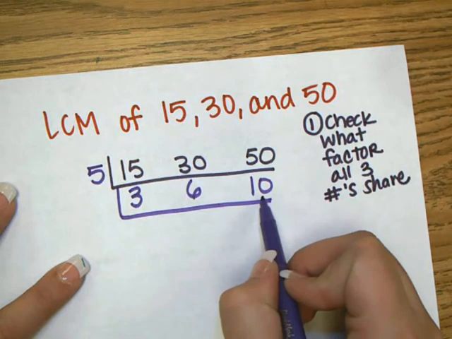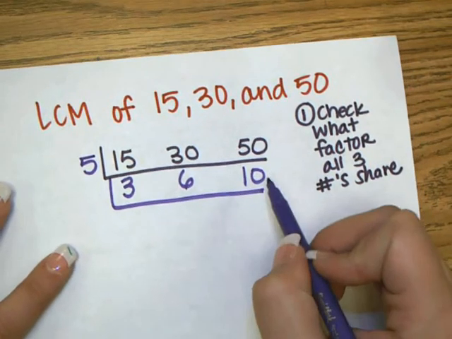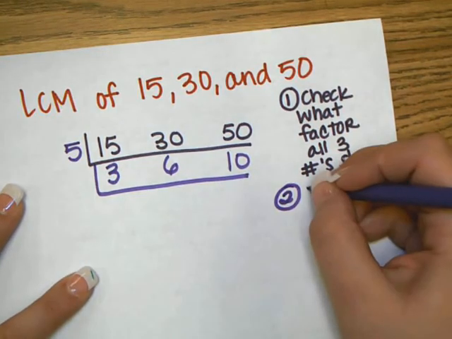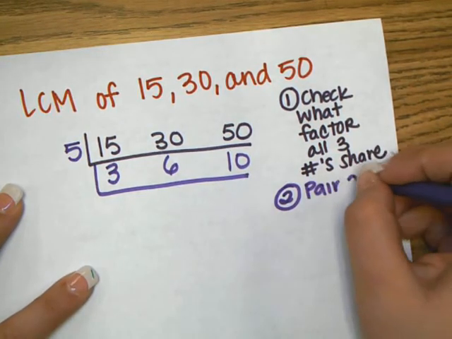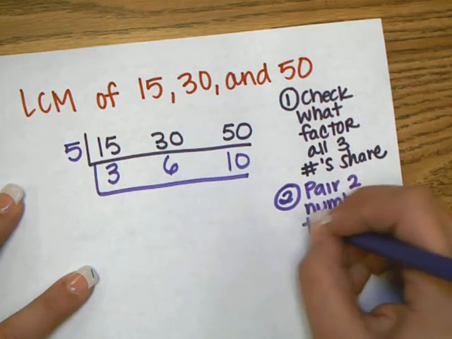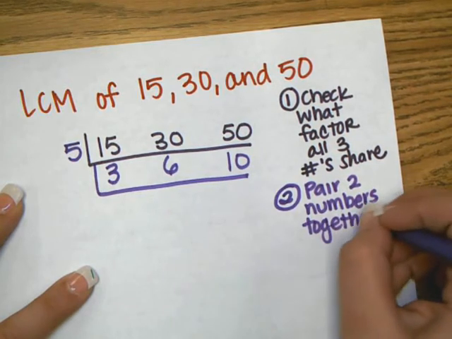Then I have to ask, what factor do all three of these numbers have? They don't have anything in common. So with the LCM, once they have nothing in common, you can pair two numbers together.